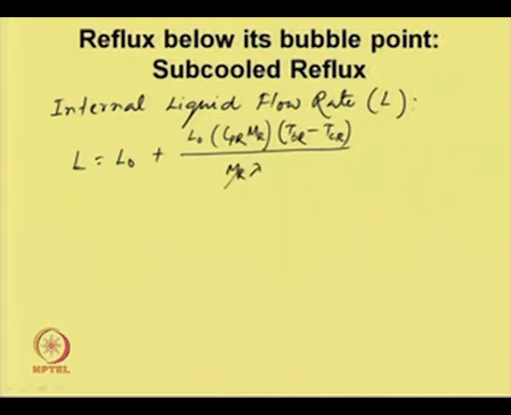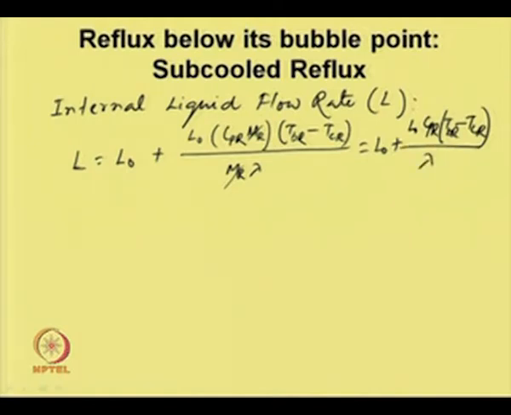So, this MR will cancel out. So, we can write L naught plus L naught CPR into TBR minus TCR divided by lambda.